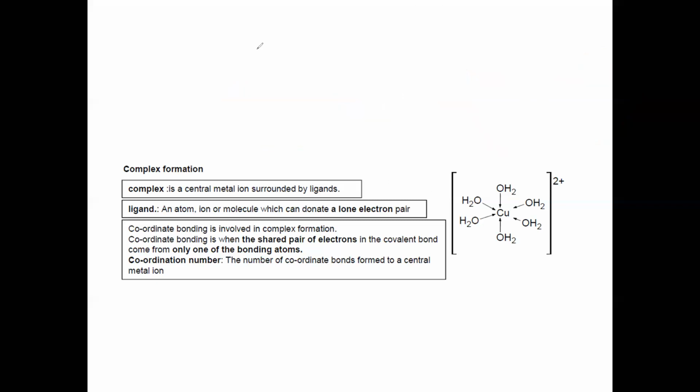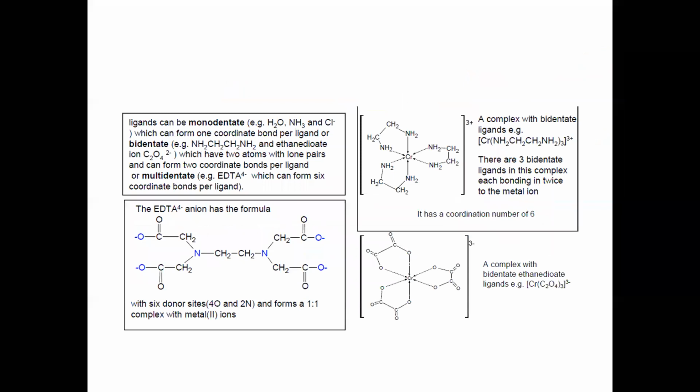If a ligand can attach from one side only, meaning the overall molecule can only form one dative bond, we call that monodentate. Examples of monodentate are H2O, NH3, Cl, which can form only one coordinate bond per ligand or per molecule.